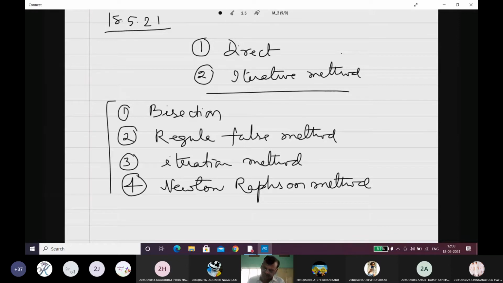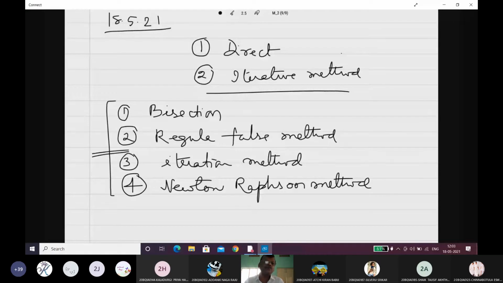These are the four methods that we use to find the approximate root of algebraic as well as transcendental equations. These four methods are again divided into two types: one is the bracketing method and the other is the open method. Bracketing method means that we take the root between two values, between two limits.